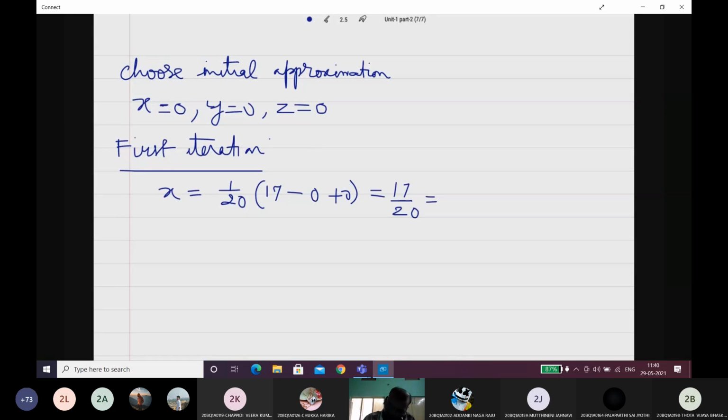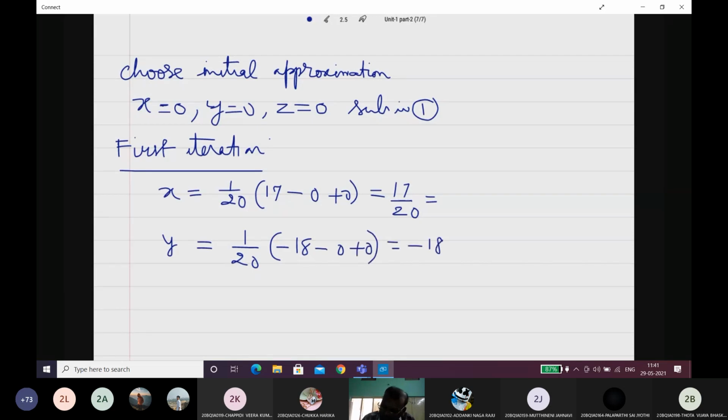From the second equation, y is equal to 1 by 20 into minus 18 minus 0 plus 0.